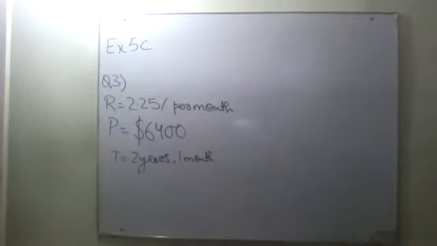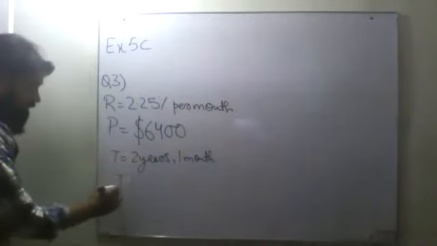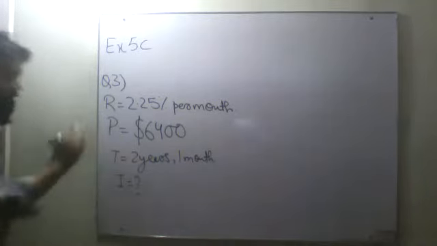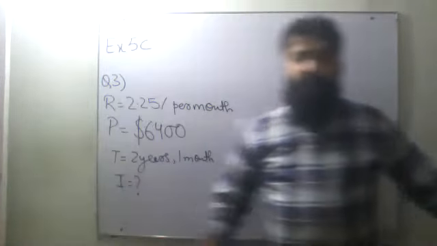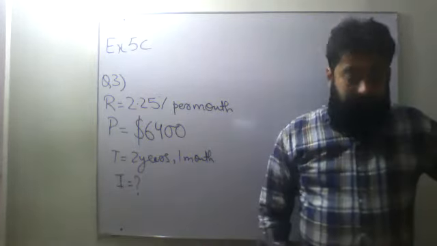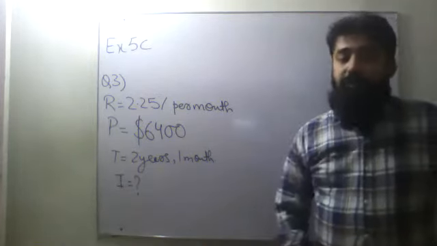You have to find how much total interest he has to pay. So of course I have to find interest. So I can use the formula I equals PRT. But you have to be careful with it.